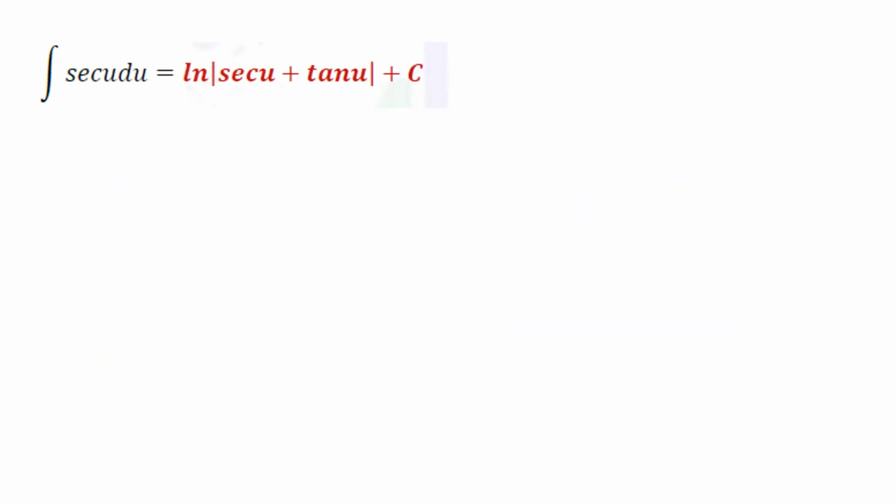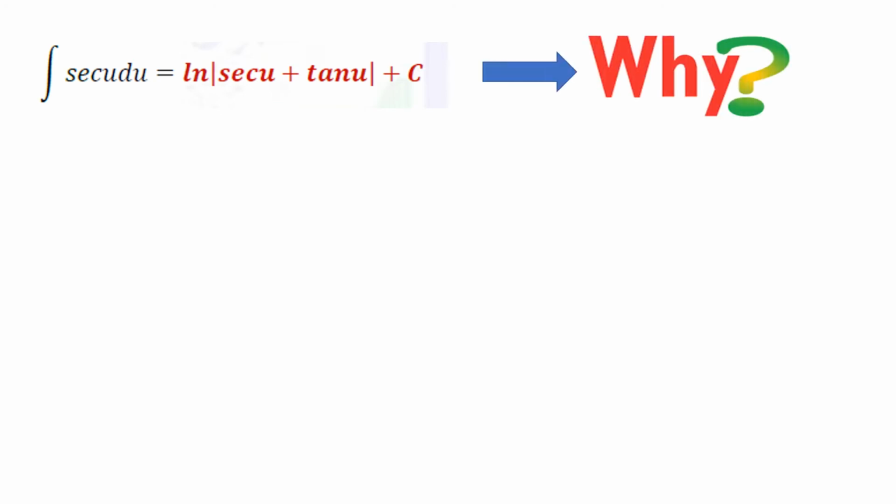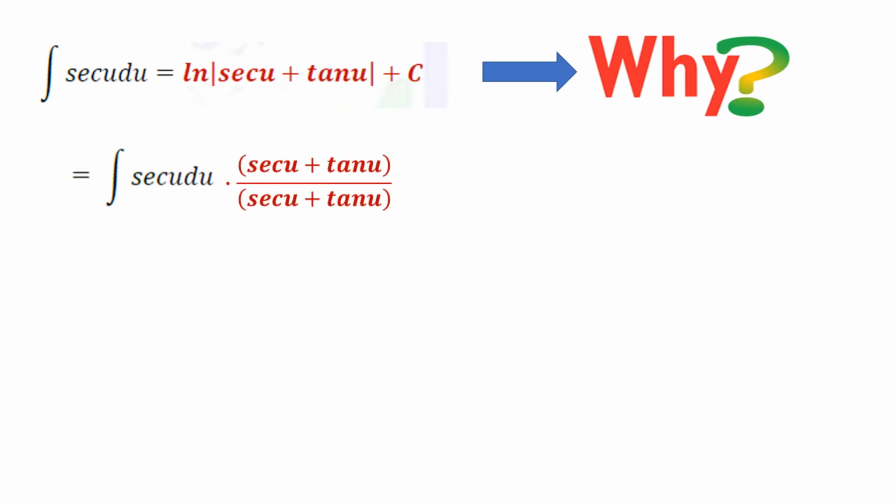If we take the integral of secant u du, it is actually equivalent to the ln of secant u plus tangent u plus c. Why is this so? First, we can multiply the integrand with a correcting factor, a fraction that has a value of 1, so that we will not change the value of the integrand.